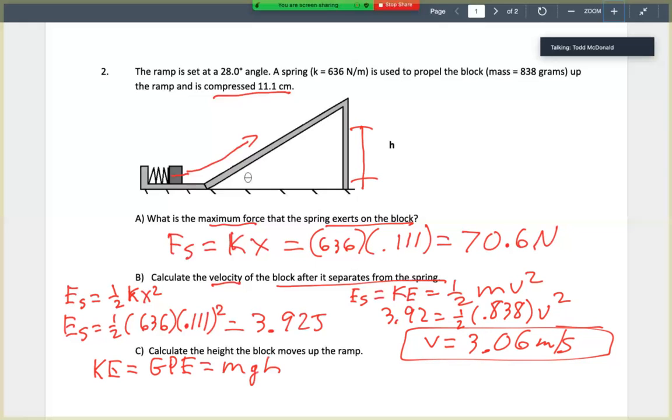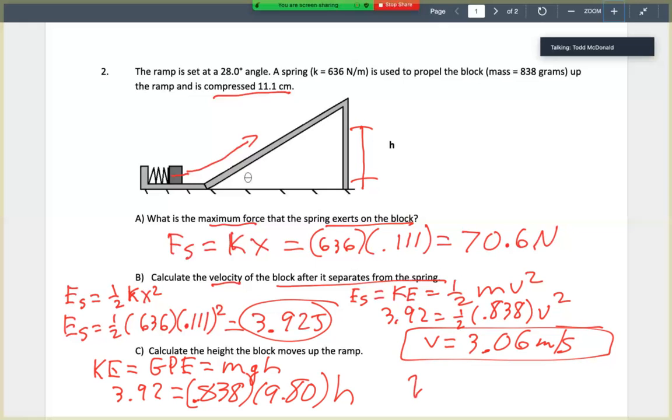So go back and we already know how much energy, 3.92 joules, set it equal to the mass of the block, which is 0.838 kilograms times 9.80 times h. So 3.92 divided by 0.838 divided by 9.80, we get an h value, a height of 0.477 meters.